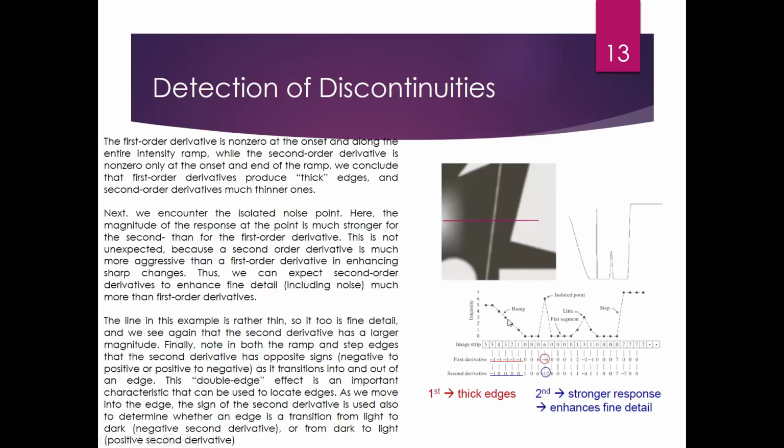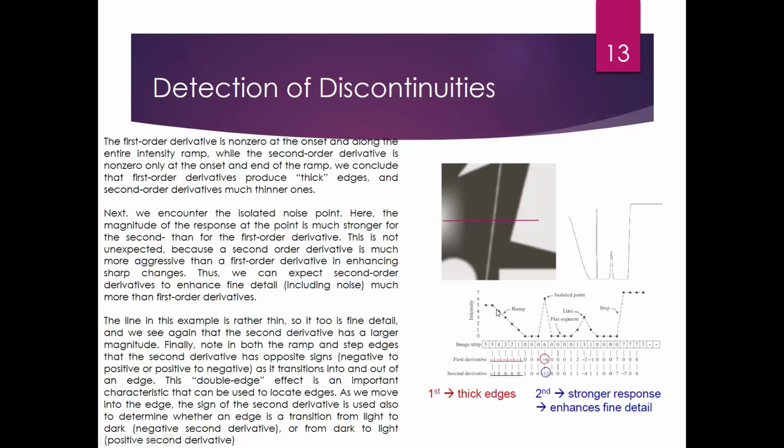Now, as we have already discussed the response of the first order and second order derivative, we have taken the profile along this line, which is represented by this one. Here we can see that there is an isolated point. If we take the first order derivative, what do we conclude? The first order derivative is non-zero at the onset and along the entire intensity ramp.